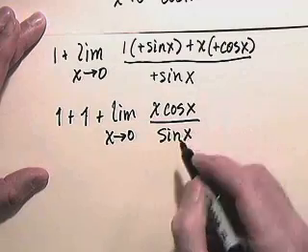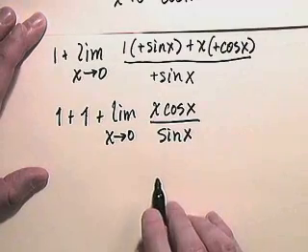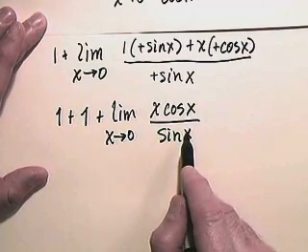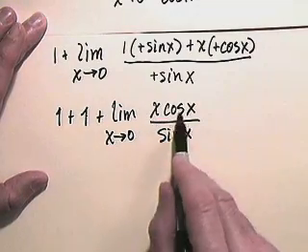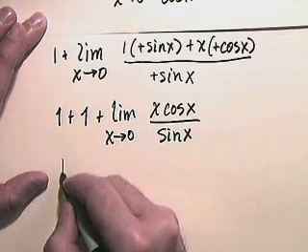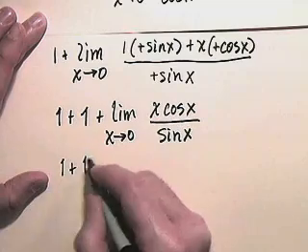Okay, look again, we still have the form 0 over 0. So let's apply L'Hopital's rule to this limit. Differentiate the numerator and differentiate the denominator.